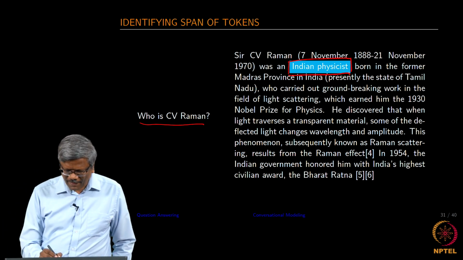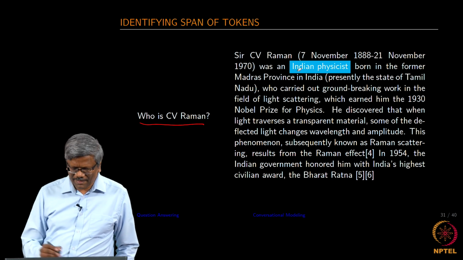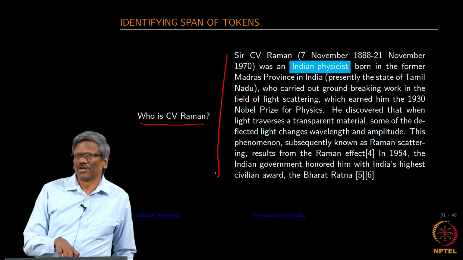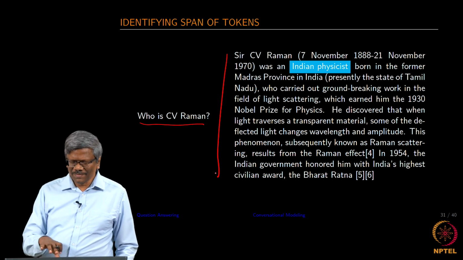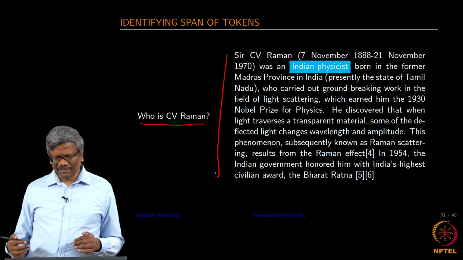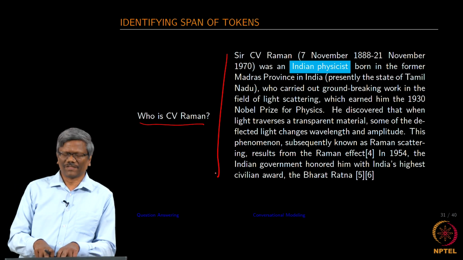So, the span of text is, when the document is retrieved through the retrieval engine, you get the whole thing, okay, assuming that this is a document. I am simplifying it. It could be a document containing various paragraphs, and one of the paragraphs would contain the answer to the question.